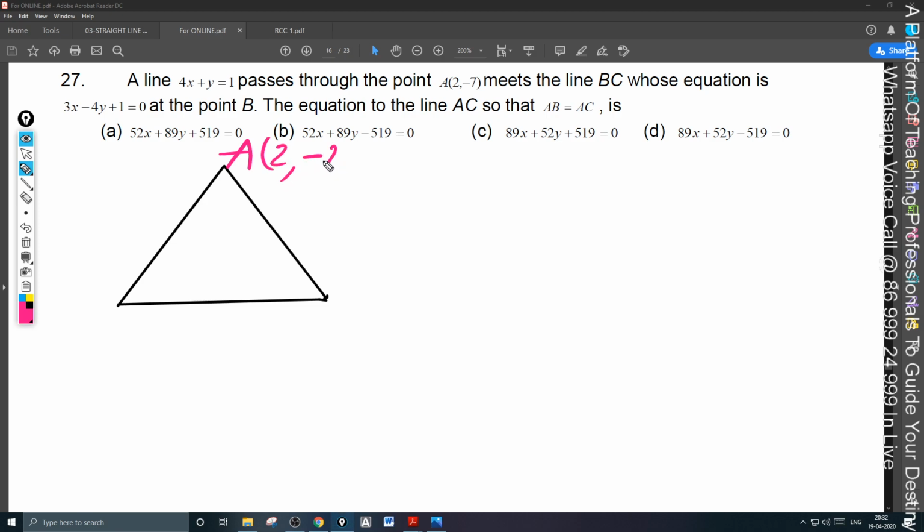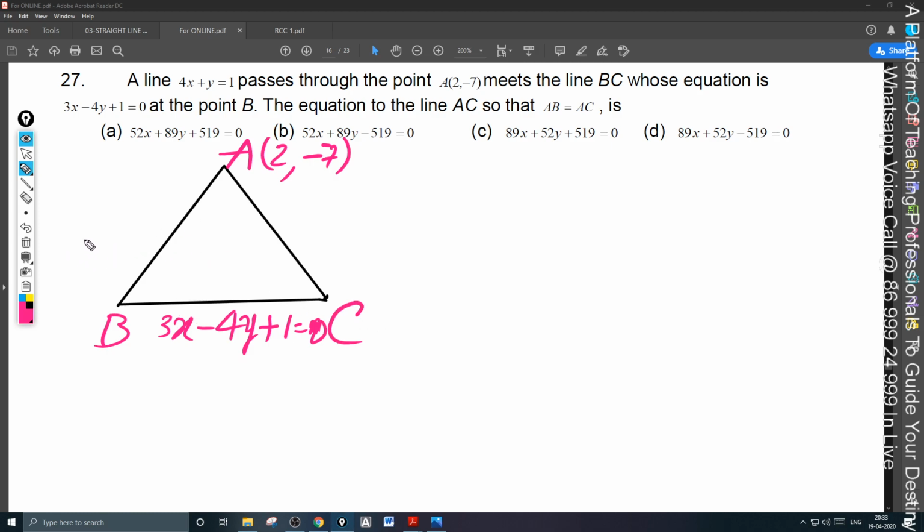What is B given? B is not given there. But the BC equation is given: 3x minus 4y plus 1 equal to 0. This is C.